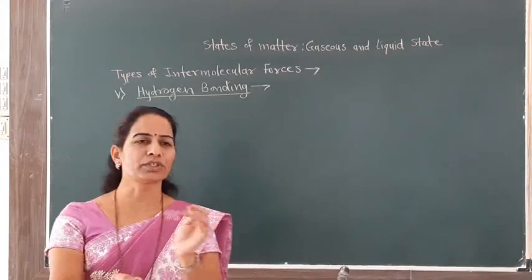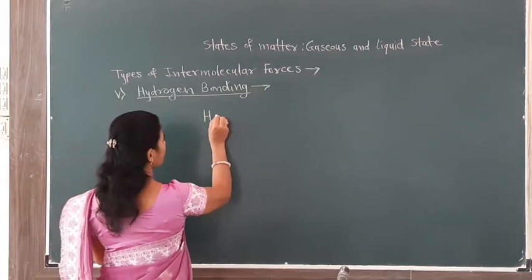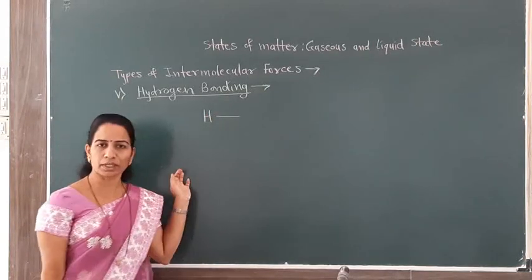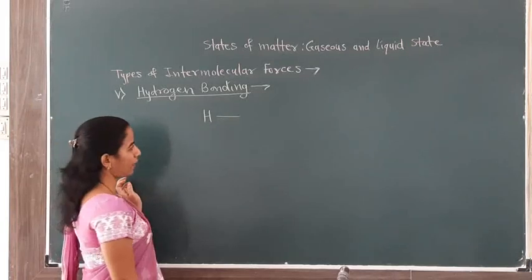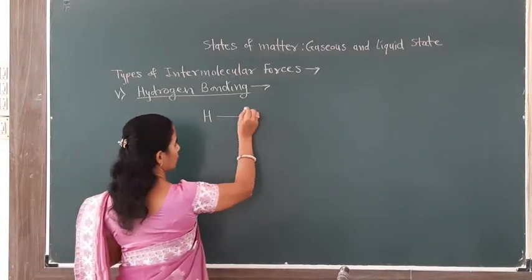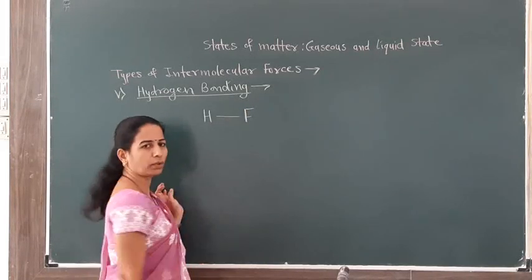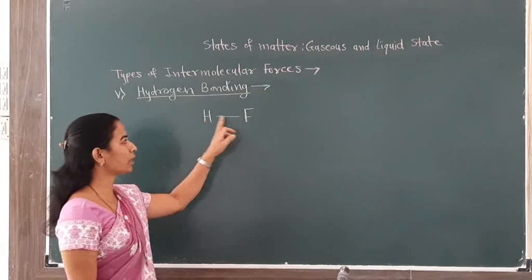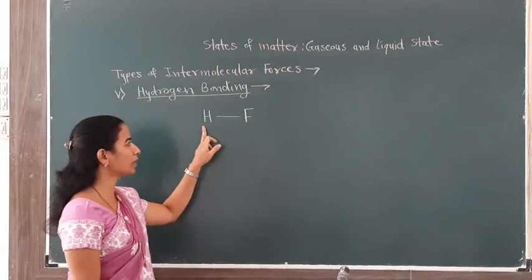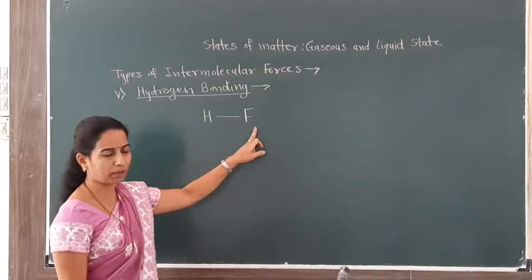So, how is the hydrogen bond formed? When a hydrogen atom is bonded with more electronegative atoms. Now, which atoms are more electronegative? You know some examples. Fluorine is more electronegative. So, when hydrogen forms a bond with fluorine, the bond is an HF bond.